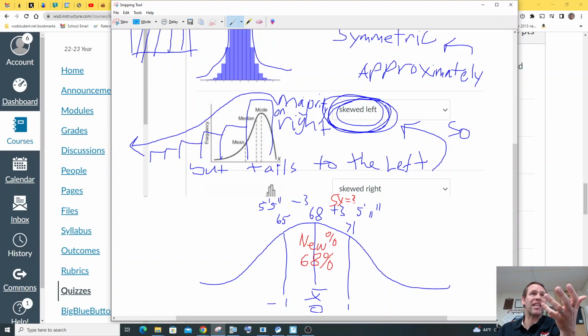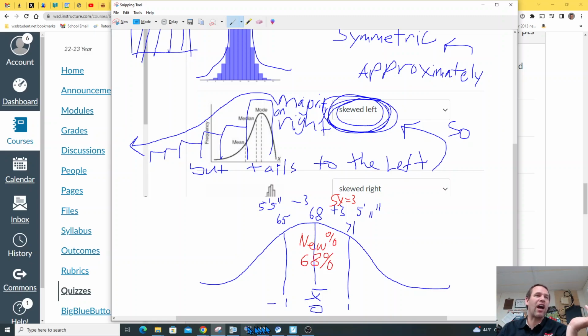Standard deviation is just like the spread, how far the data is spread out. So you could have a standard deviation of like 3 or 4 or 5 or 1 or 2 or a decimal. Likely there's a decimal.